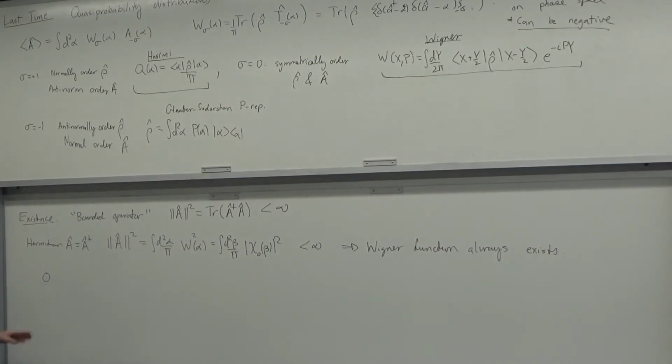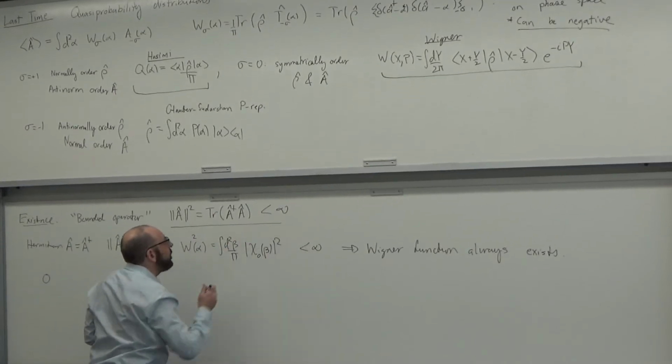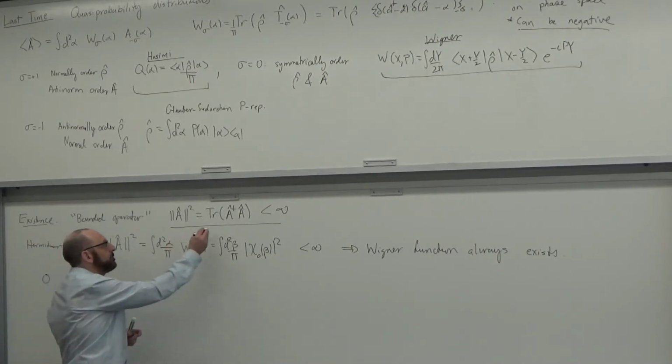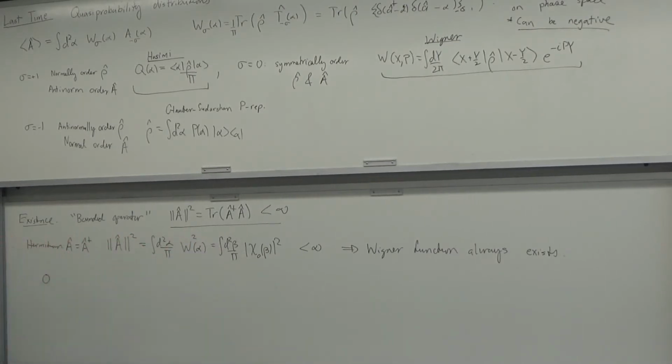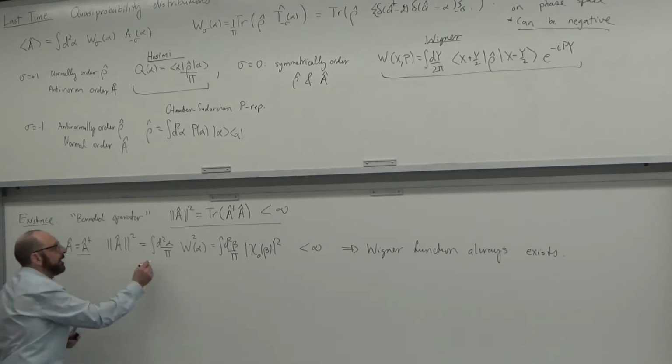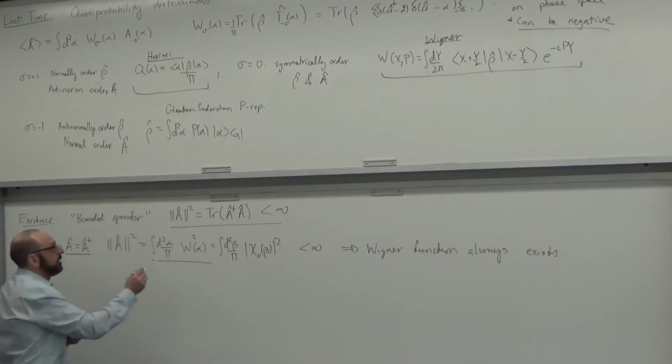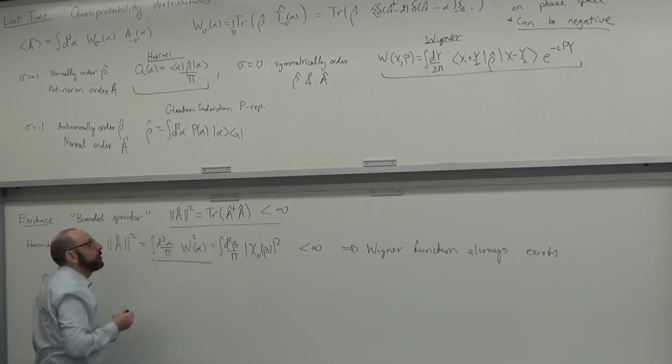So, we were talking last time about the question of existence, whether these functions are good functions or not, and we have a little bit of formalism here, talking about so-called bounded operators, ones that have a finite norm, where we're talking about the trace norm of the operators. And that trace norm, if I'm talking about a Hermitian operator, is just the square of the symmetric representation.